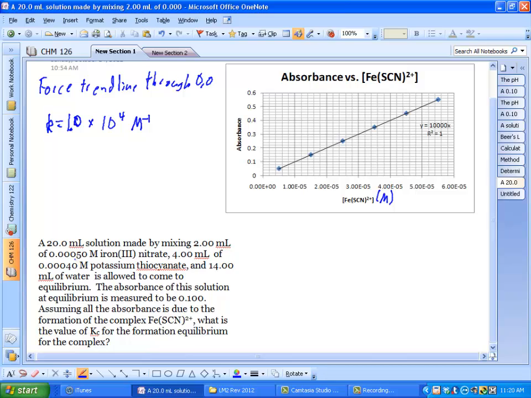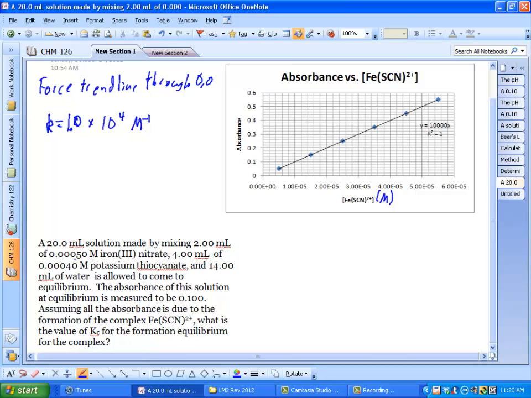So if we look down here, here's a hypothetical, and these are totally cooked numbers, so it's going to have absolutely nothing to do with what you actually do in lab, other than the calculations themselves. In this case, we make 20 milliliters of solution total. We mix 2 milliliters of 0.00050 molar iron nitrate and 4 milliliters of 0.00004 molar potassium thiocyanate.